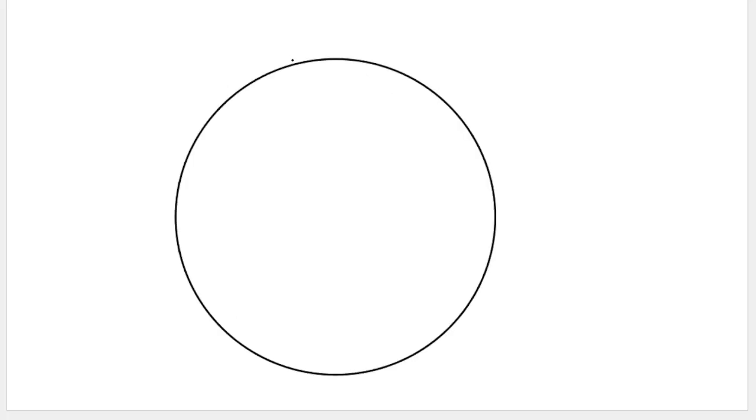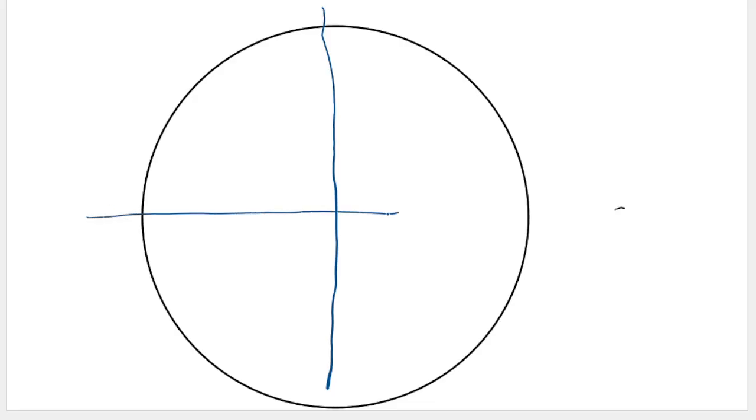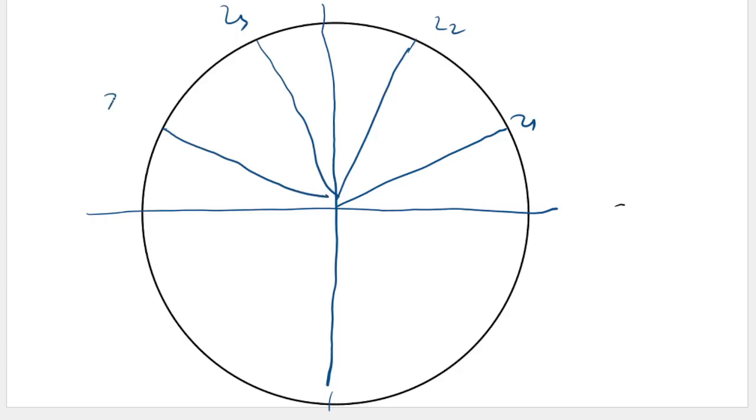So essentially, if we draw a bigger picture, this is Z1, Z2, Z3, Z4.